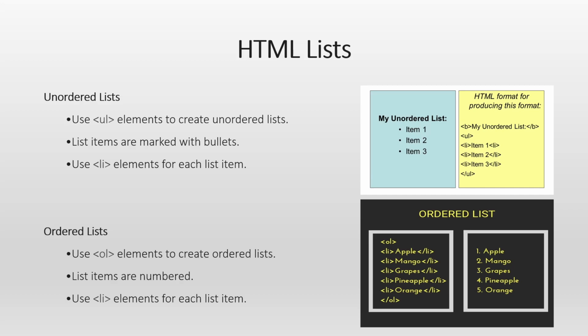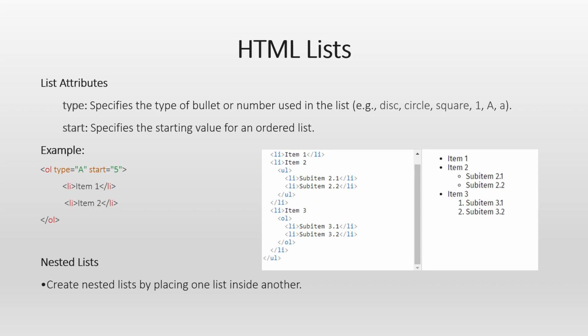After that, HTML list. There are also nested lists. What we will do is, inside the unordered list only, we are going to write another list. To show an example right now, inside this image, look at the right side: item one, item two.